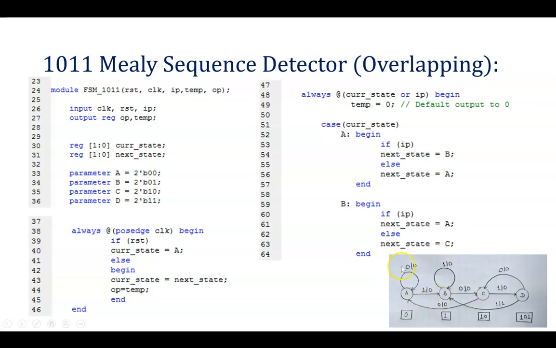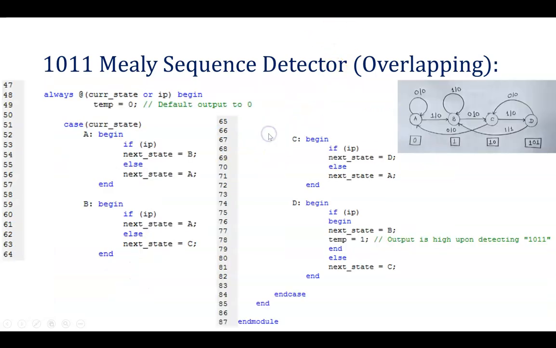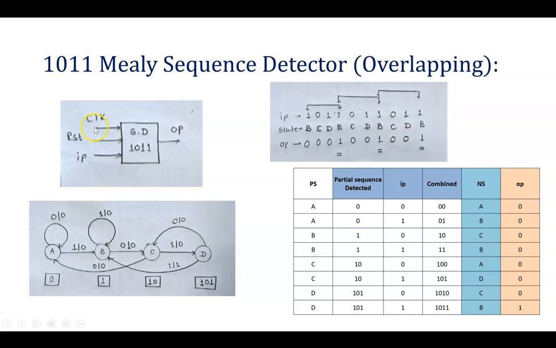These are not mentioned in the inputs because this is the block diagram where I have clock, reset, input and OP, where we have not defined anything related to the states A, B, C, D, as well as the transitions, like C to D, B to itself, A to itself, or A to B.